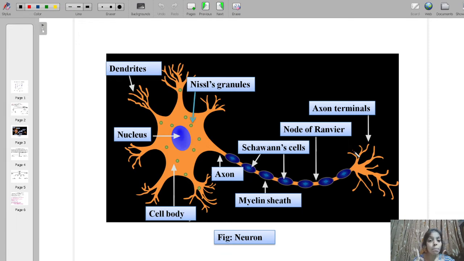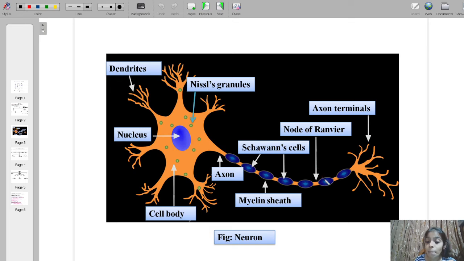So when the impulse from one neuron, suppose from this neuron it will pass on to the next, then those neurotransmitters are required for transmission of the nerve impulse. Okay, so this is basically the structure of a neuron.